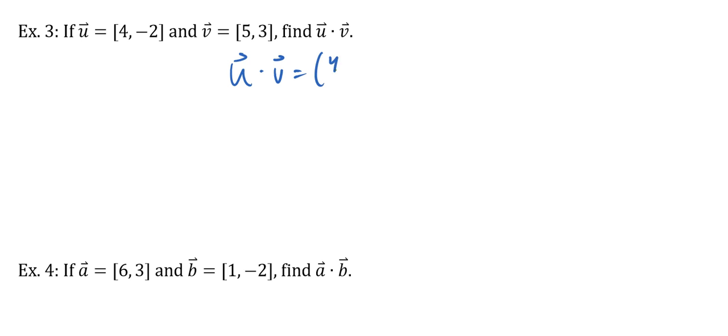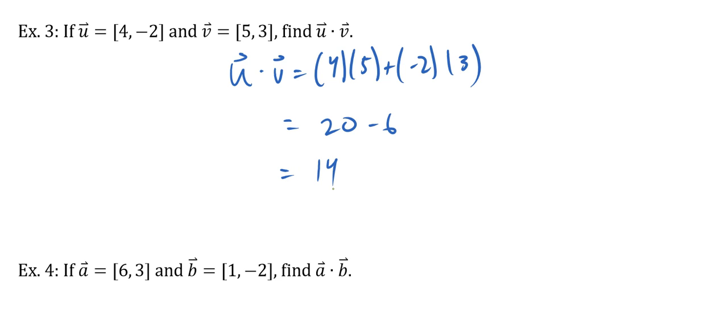So it's going to be 4 times 5 plus negative 2 times 3. 4 times 5 is 20. Negative 2 times 3 is negative 6. So it's 14. Dot product gives us a scalar. Go ahead and do the next one.